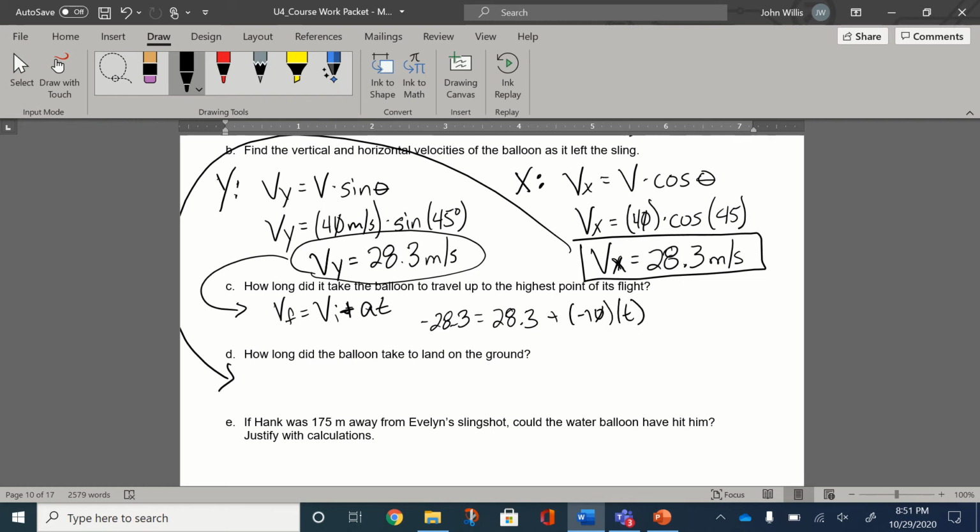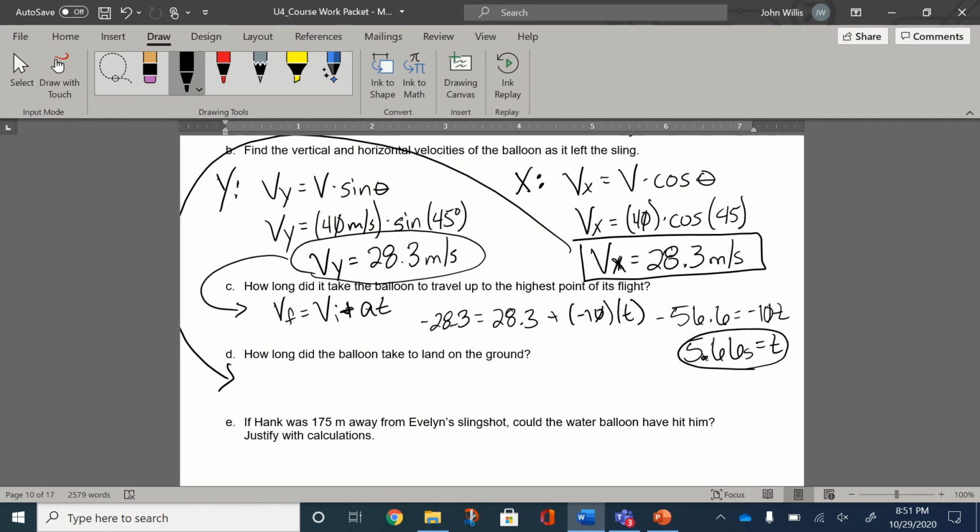We have to subtract 28.3 from both sides, so 28.3 plus 28.3 is 56.6. So we get negative 56.6 is equal to negative 10t. Divide both sides by negative 10, and you get 5.66 seconds total in the air.